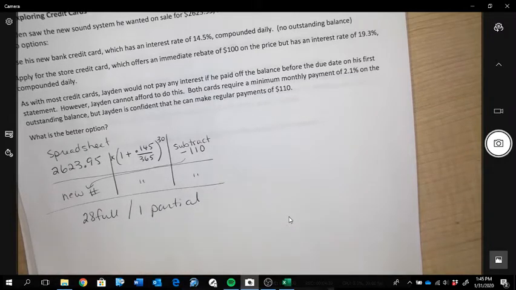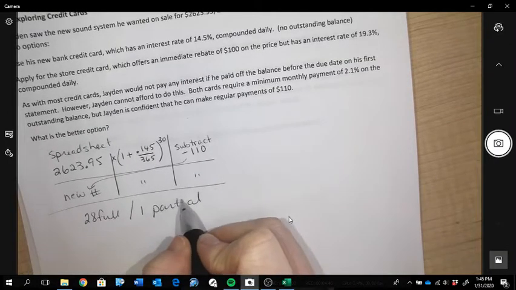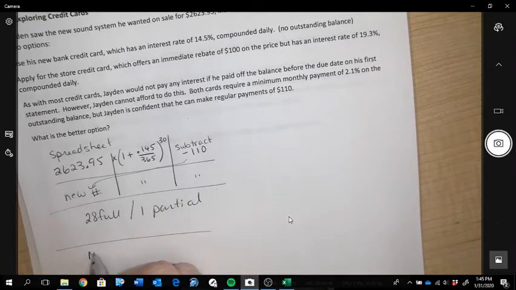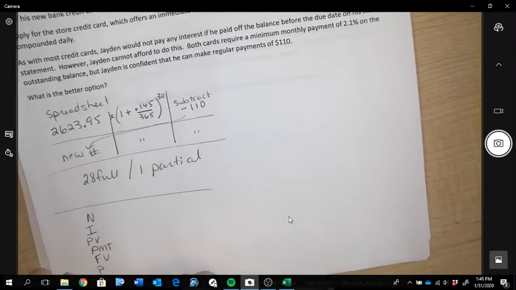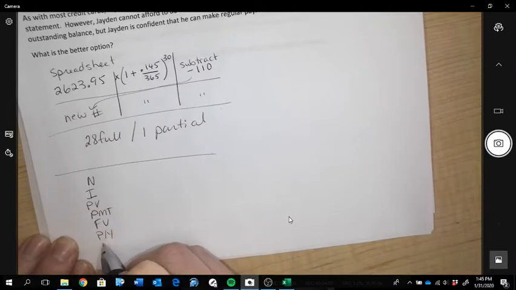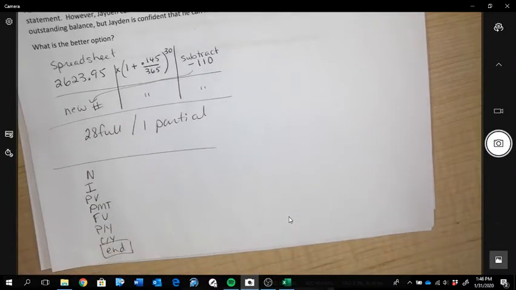So let's try this on our calculator. We have N, I, PV, PMT, future value, payments per year, compounds per year, and we'll be doing the payments at the end of the month.